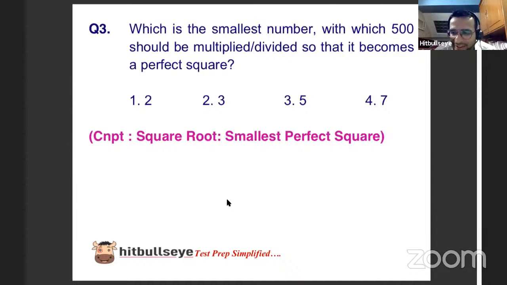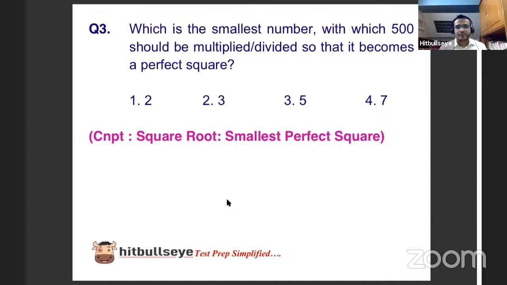I'm still not having any answers coming. What is a perfect square, students? A perfect square is nothing but a number in which all the prime factors have a power that is 2 or an even number. That is a perfect square.